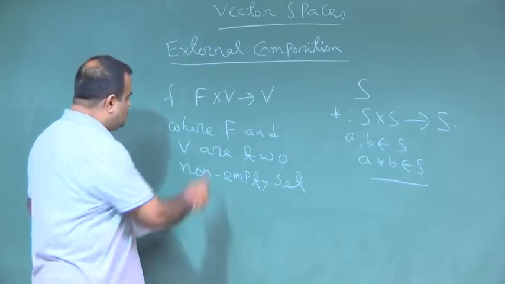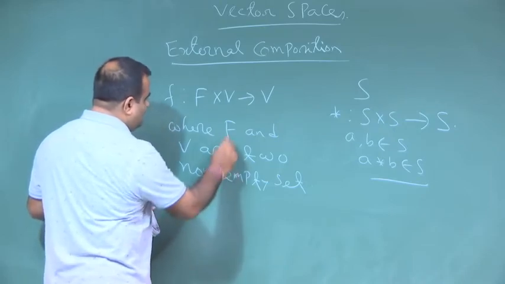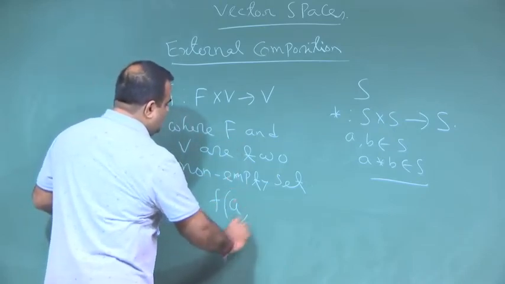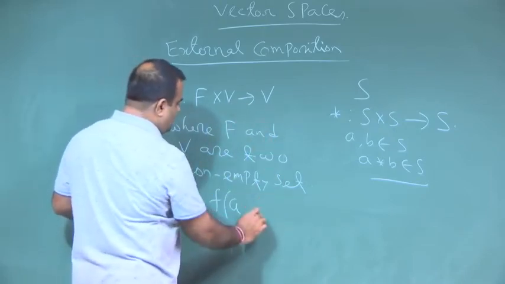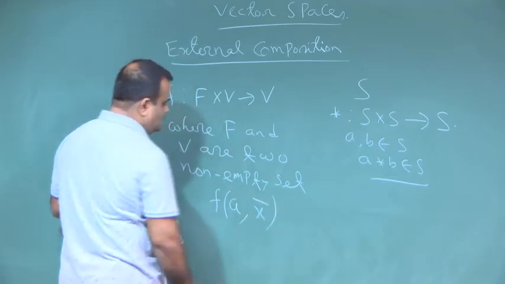That means we take two elements, one from f and another one from v. So, we can write it like this.